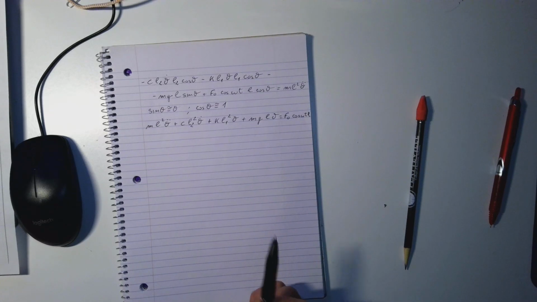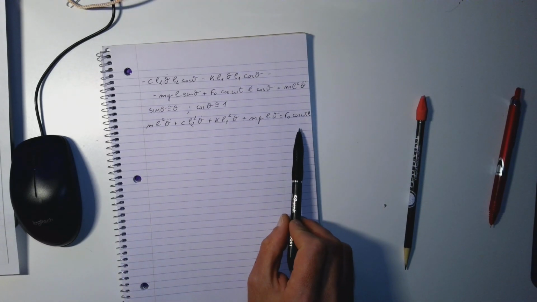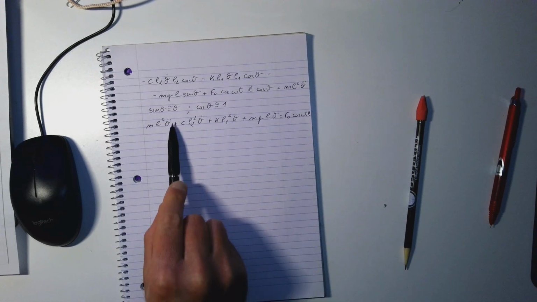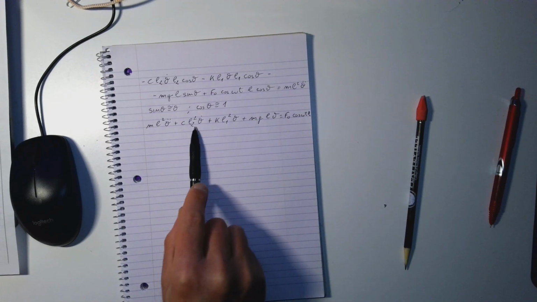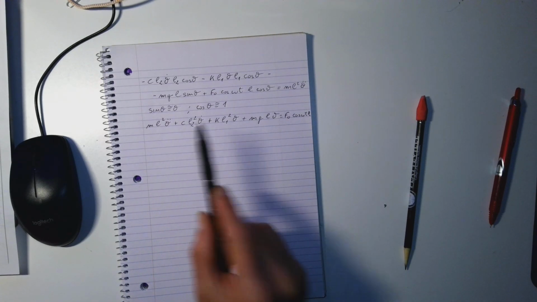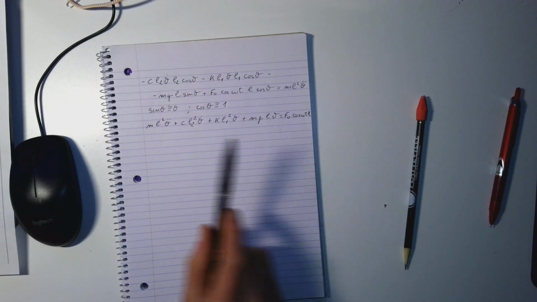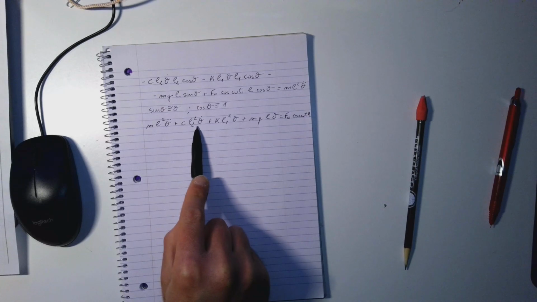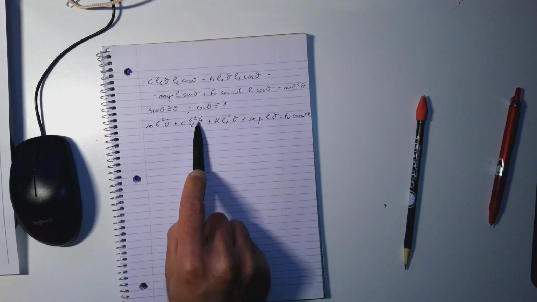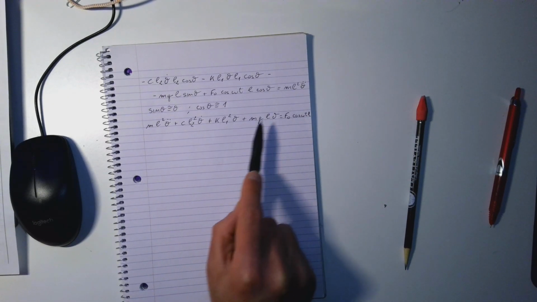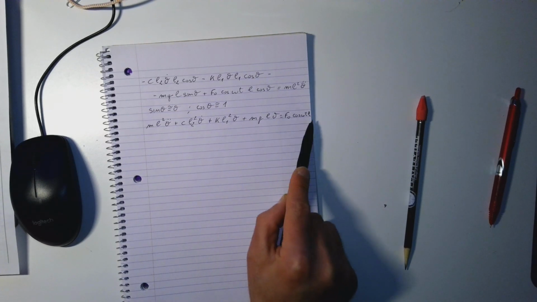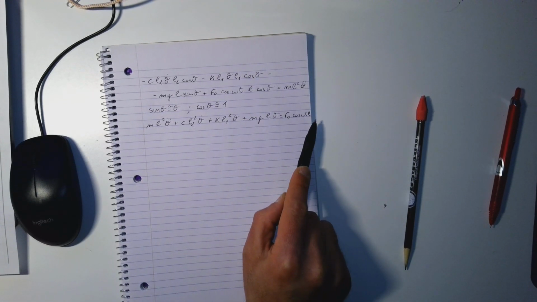So of course we want to go as close as possible to our standard form, which means that we should put together the terms that have the same derivative of our variable. So here we have theta double dot, here we have one term in theta dot, and here we have two terms in theta, which means we can put these two together, and then we have the non-homogeneous term on the other side.